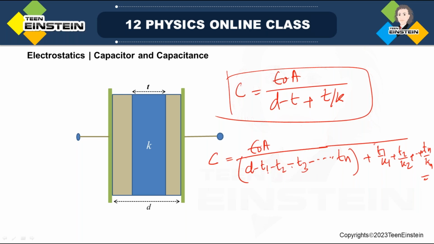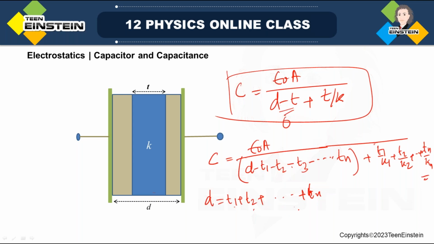Okay, so in this formula, see if D is exactly equal to the sum of these, so if the whole space is filled by all these slabs, then this term will be 0. Because T1, T2, T3, these add up to the thickness of the capacitor.